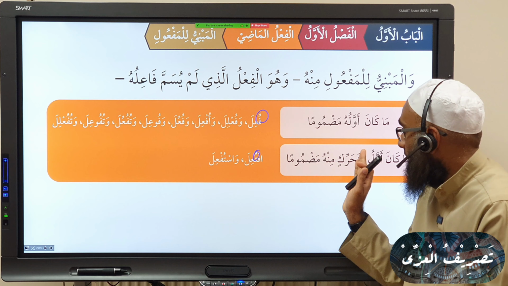So we translate it simply as: the fi'l ma'lum of the past tense is this. You get it? So the mabniyu lil-fa'il of the past tense is this. Do you understand the translation? Are you following?